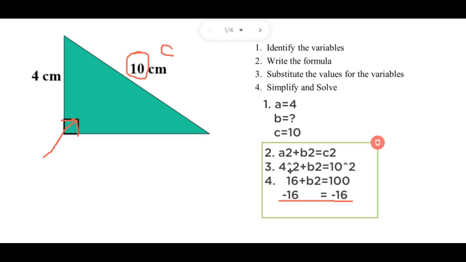Don't judge me too harshly. Again, this gives you a zero pair, meaning that's going to cross out. B squared is going to drop down, and then you have 100 minus 16, which is 84. You end up with B squared equals 84.